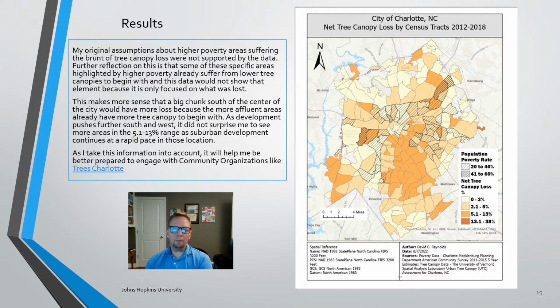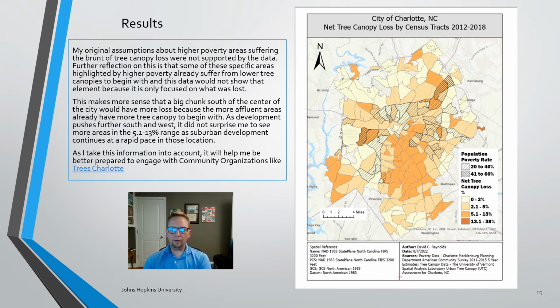My original assumption that higher poverty percentages within these census tracts would also be associated with higher rates of tree canopy loss was not found within the data, but I also have to remember that some of these areas that are already suffering from higher rates of poverty also have less tree canopy area to begin with.